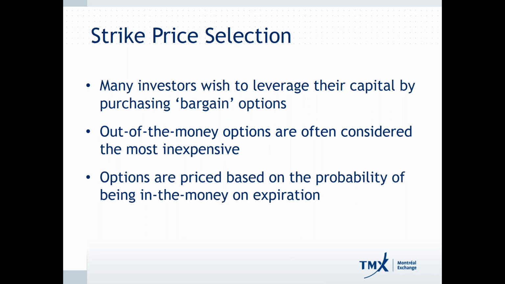So the next question is, options are priced based on the probability of being in the money on expiration. This is the most important thing I want all of you to reflect on. It seems like a lot of words, but step back and recognize that an option's price is based on probability.